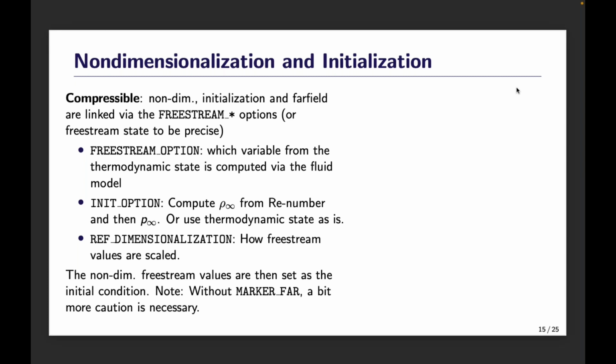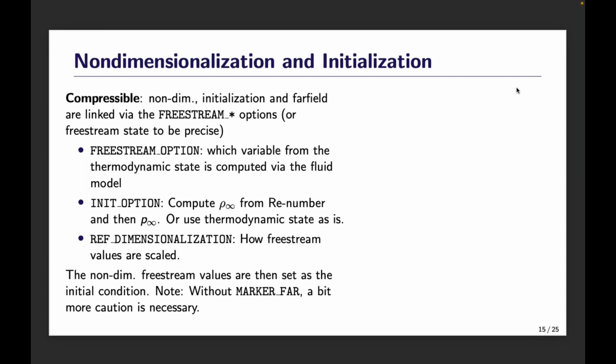And then the last one I would choose is the dimensionalization, because that will just then say how these free stream quantities that you set through these two options and the remaining free stream underscore, for example, pressure option, will be scaled, so that at the end of the day you will have the pressure at the free stream that is 1 or velocity that is 1, and the rest then acts accordingly.